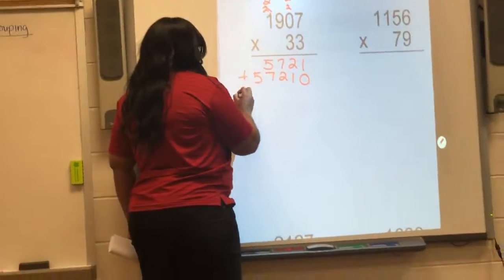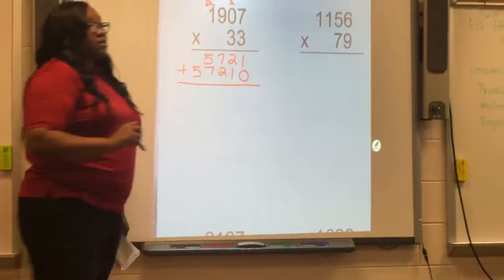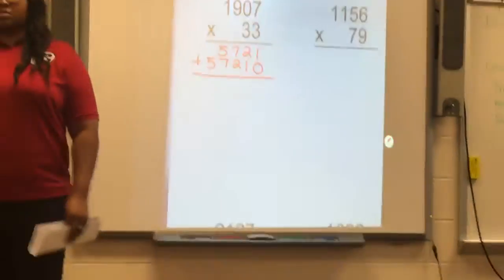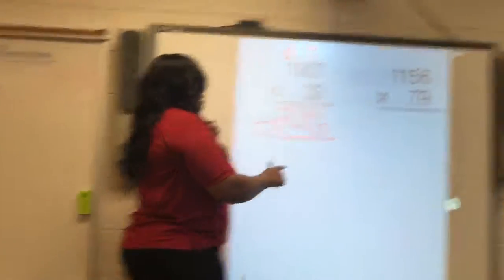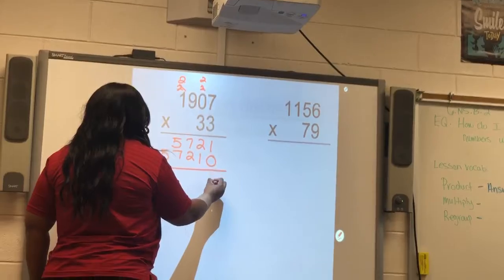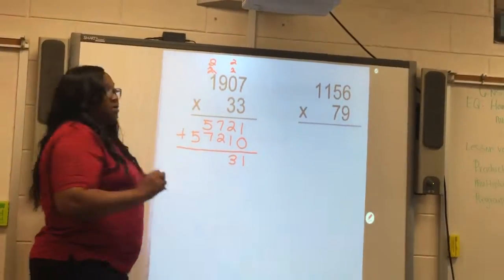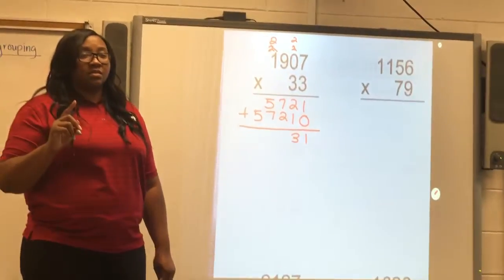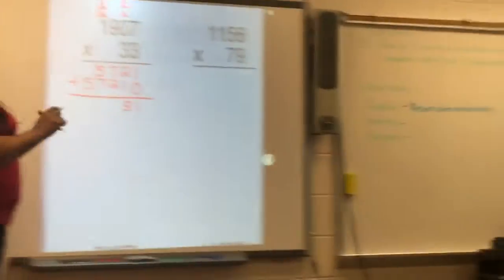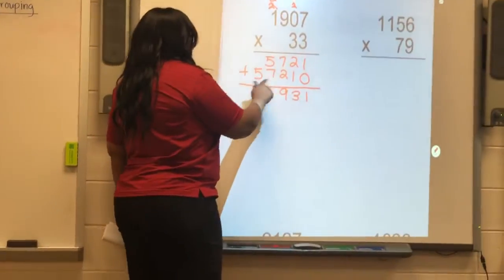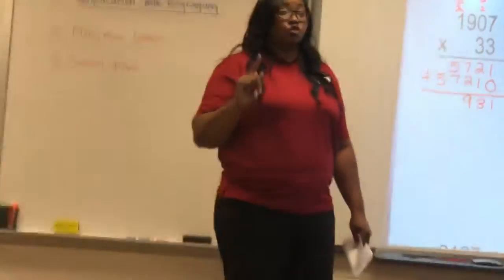Now we can add. Now we're doing simple multi-digit addition. So we have 1 plus 0 gives us 1. 3 plus 1 gives us 3. What's 7 plus 2, guys? Right, 9. So we put our 9 here. 5 plus 7 gives us 12.